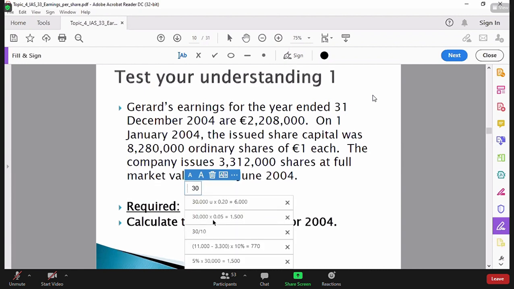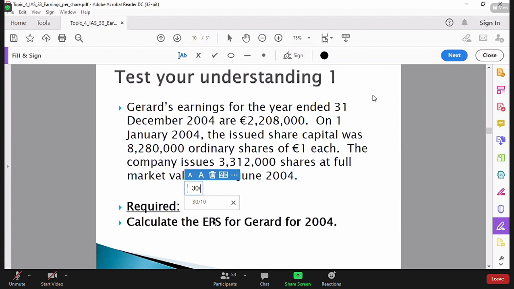So as at 30th June 2004, you have 8,280 million, and then you multiply with 6/12. Your friend said that the 6/12 is because from the beginning of the year until 30th June, the company still has 8,280 million shares, right? So how much then?